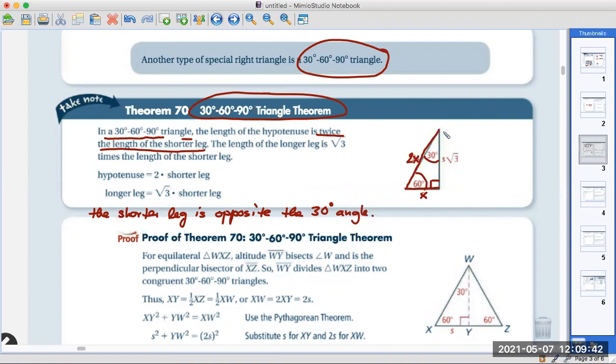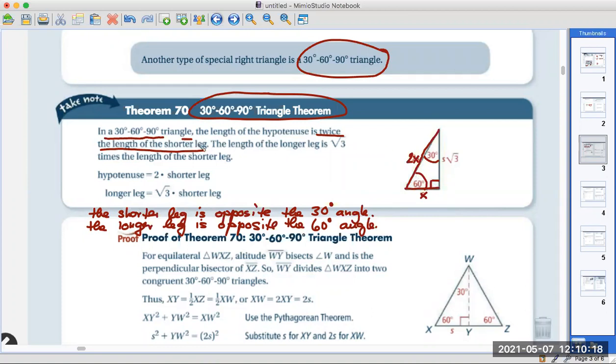The longer leg, this one, is across or opposite the 60 degree angle. Okay, so shorter leg across from 30, longer leg across from 60. Okay, and the hypotenuse is always across from the 90.